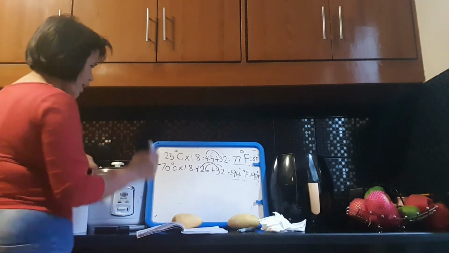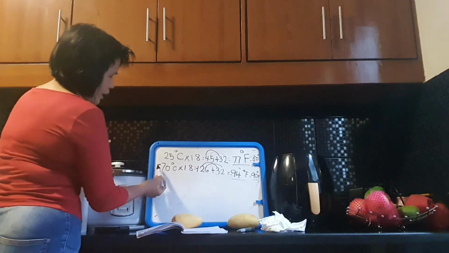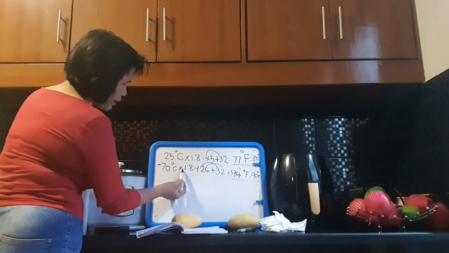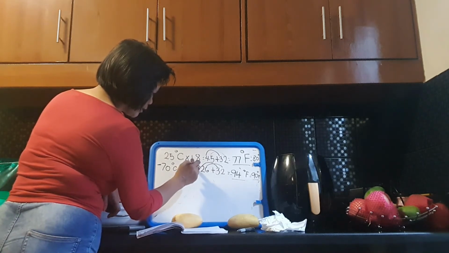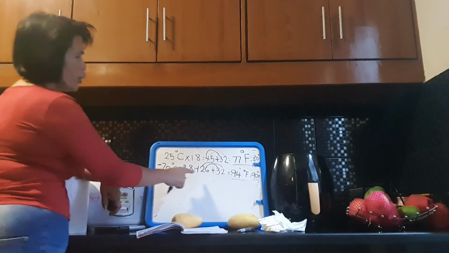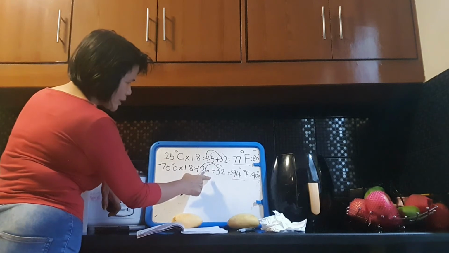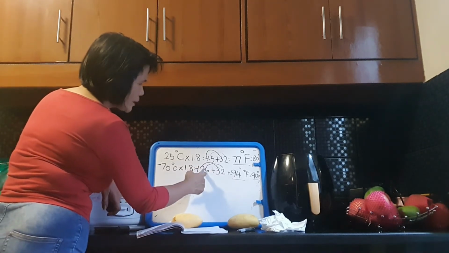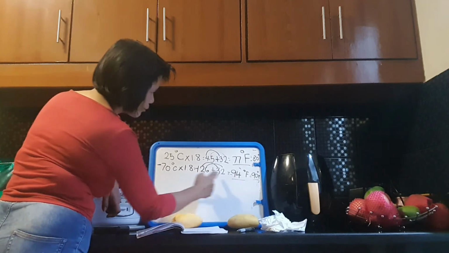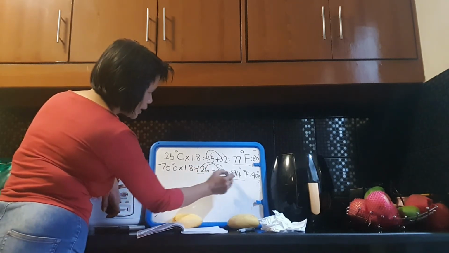Tingnan natin. So we have, ulitin ko, negative 70 degrees centigrade times 1.8 equals negative 126 plus positive 32. Okay, so 6 minus 2, that is 4. 12 minus 3, that is 9.